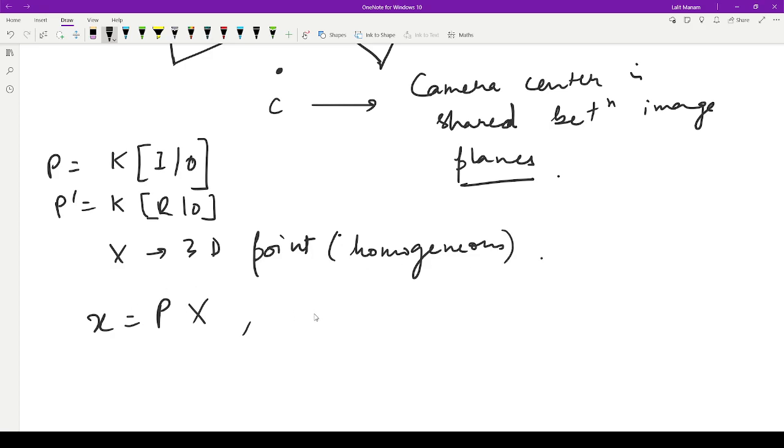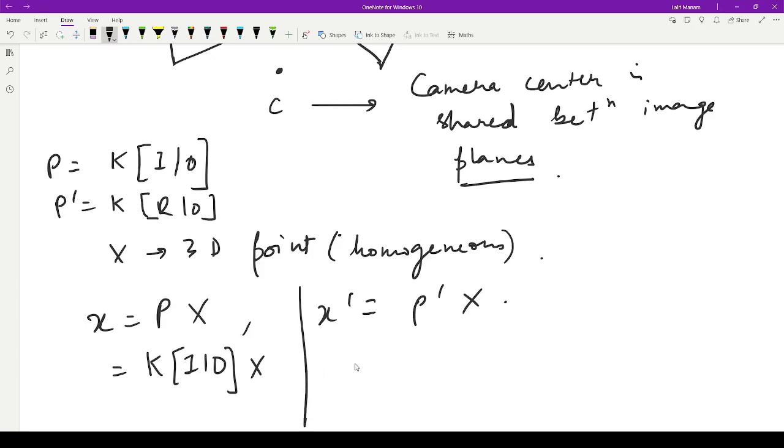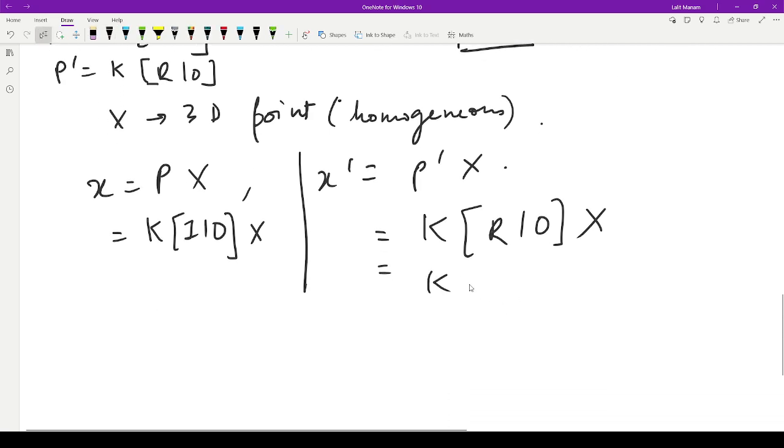X prime gives me K i0 x, and this gives me K r0 x. So if I'm just trying to derive the homography here, this part is clear, right?